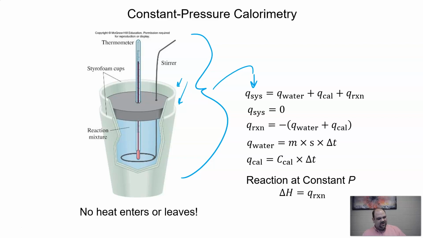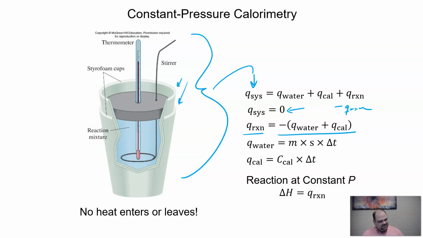Now our assumption, and it's a pretty good assumption, is that the energy that's lost or gained by this whole setup is 0 for as long as the reaction is taking place. And if that's true, then we can switch the reaction to the other side. And we get Q reaction equals negative Q water plus Q cal.